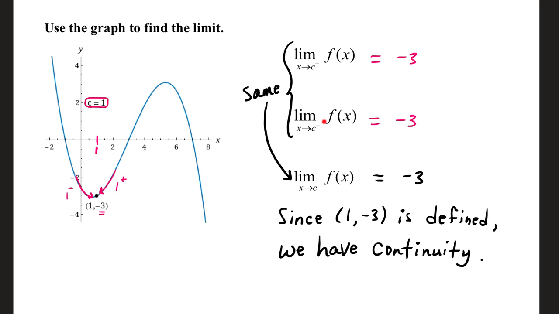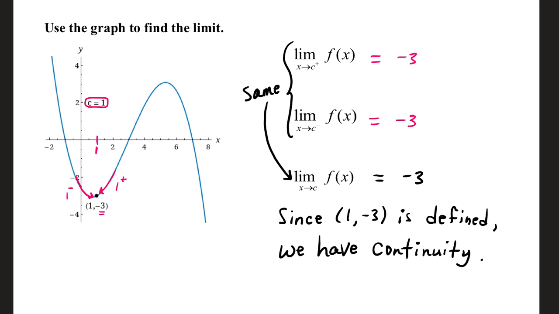As you close in from the left side, you'll see a superscript of a minus sign. Follow your graph towards x equals 1 from the left side, and note from the previous videos we're going to have a head-on collision. This function is also specifically defined at 1, the point (1, -3).